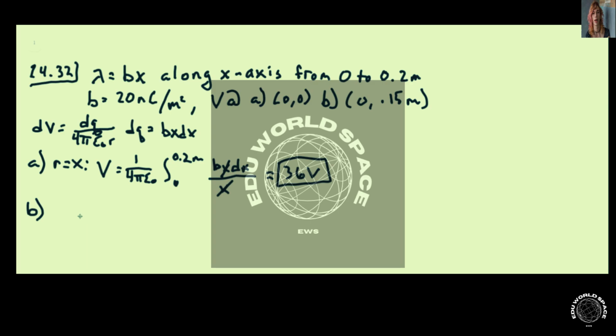Now we're not quite so lucky. Let's call d the y-coordinate, and that's a fixed 0.15 meters. So now r is the square root of x squared plus d squared.